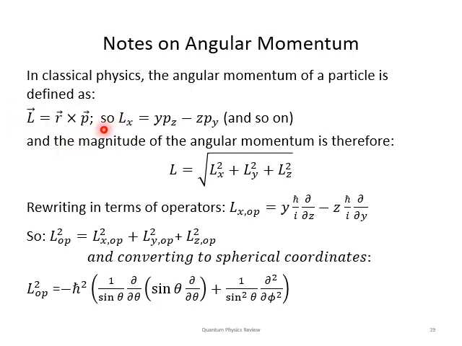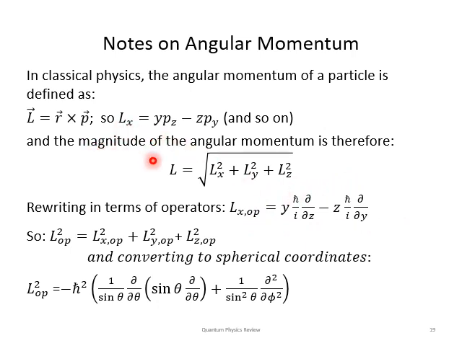So we go through and do the cross product, and we find out that L sub x, the angular momentum about the x-axis, is equal to y p_z minus z p_y. And as I said, these are operators. So down here, I actually went ahead and put the operators in for each of those terms, right?